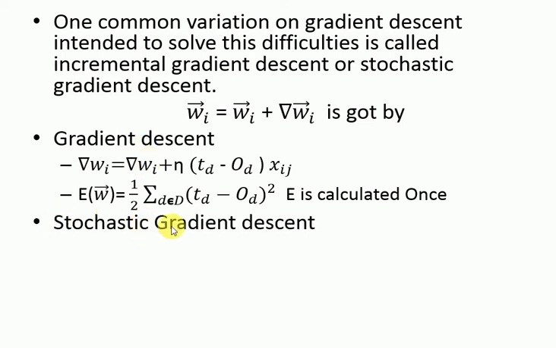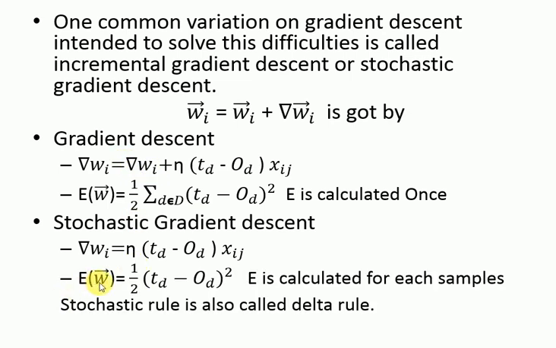But in stochastic gradient descent, the derivative of wi equals eta into Td minus Od into x of i, that is just this much, with no sum in the derivative of wi.